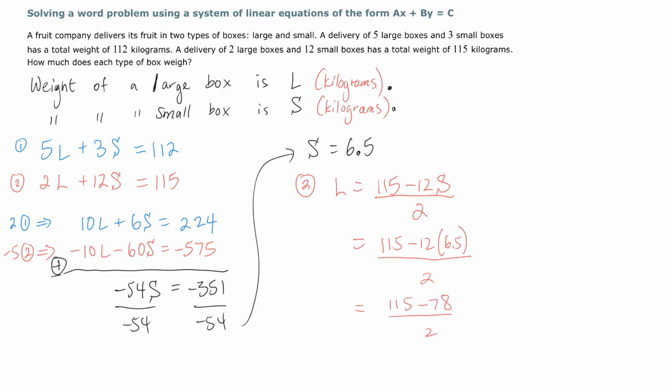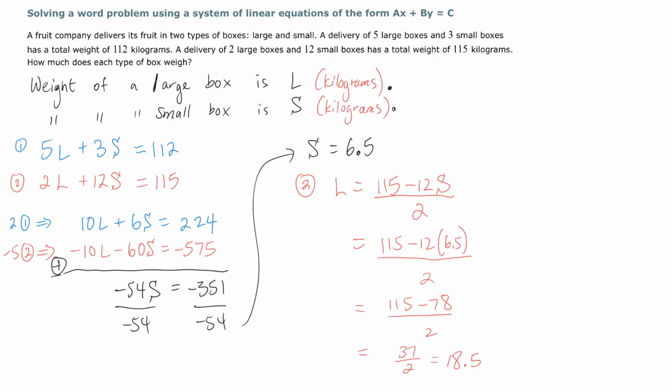And what's 115 minus 78? We get 37. So 37 divided by 2, and that is 18 and a half. So 18.5.